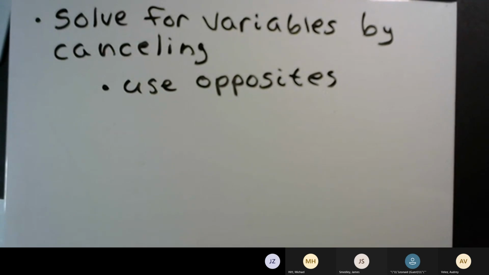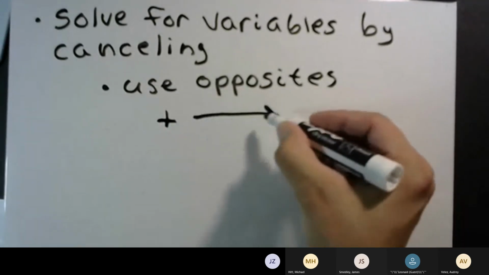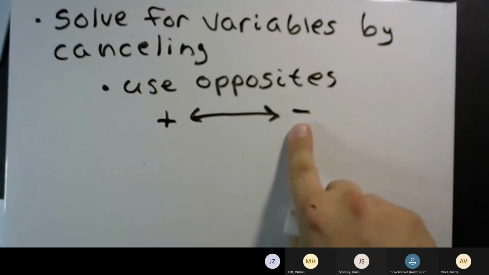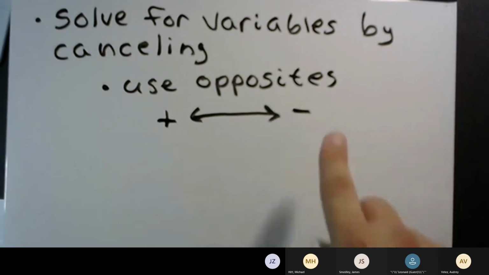So what kind of opposites are we talking about? Well, addition and subtraction are opposites. So if you add 3, let's say you don't have any money, and someone adds 3 to you, you now have $3. But if you want to send you back to $0, you subtract 3. So the opposite of adding 3 would be subtracting 3, and that keeps you at 0.